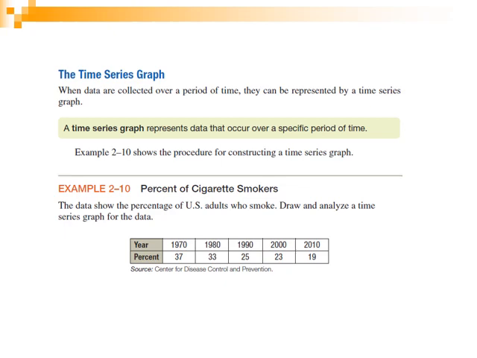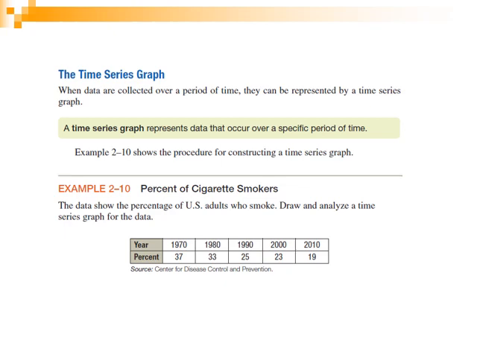And the final graph we have here is the time series graph. A time series graph represents data that occur over a specific period of time. The time series graph is related to the time over which we want to represent data in sequence, such as years.